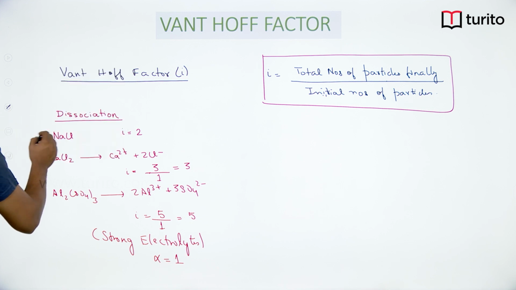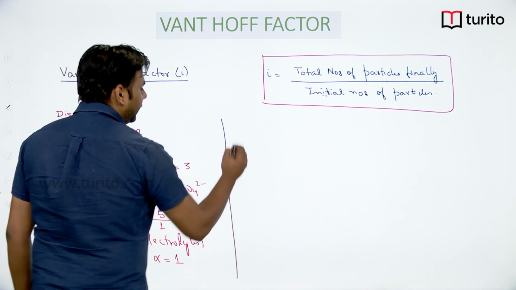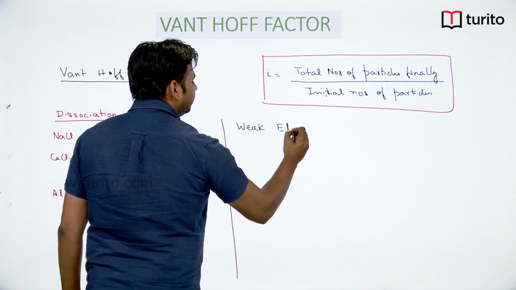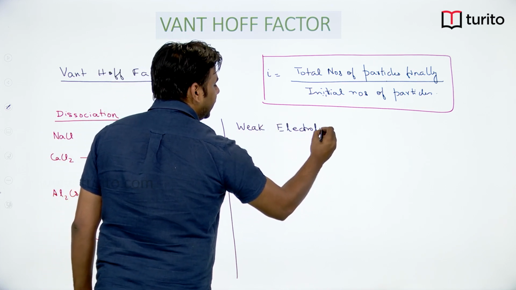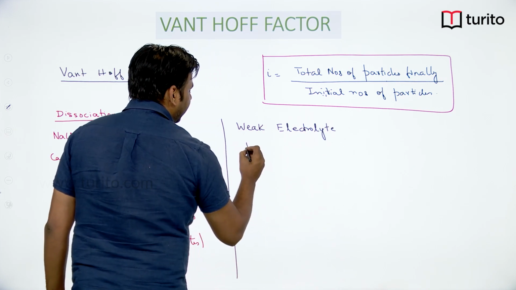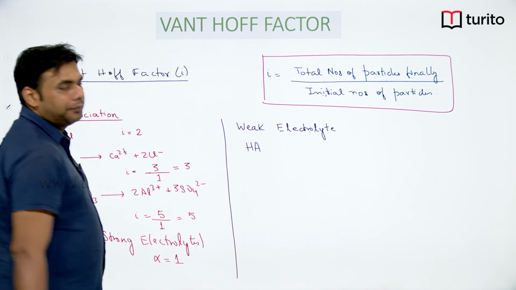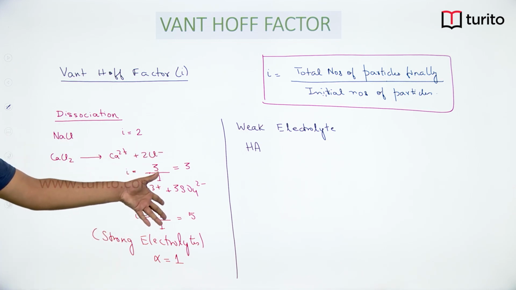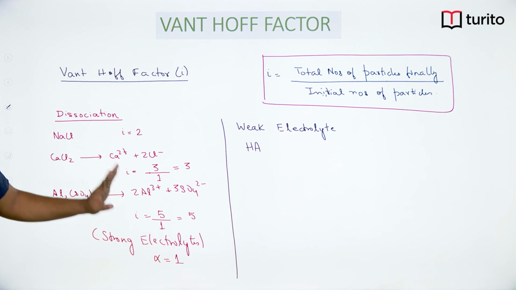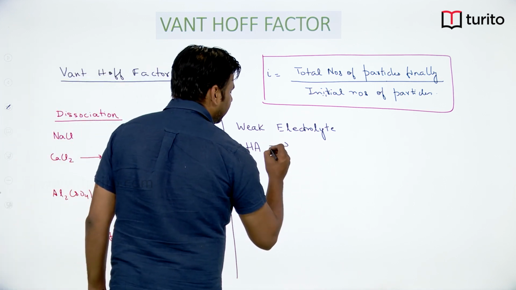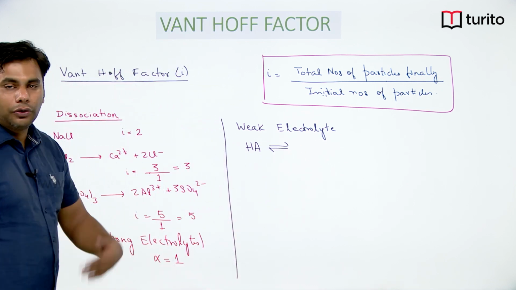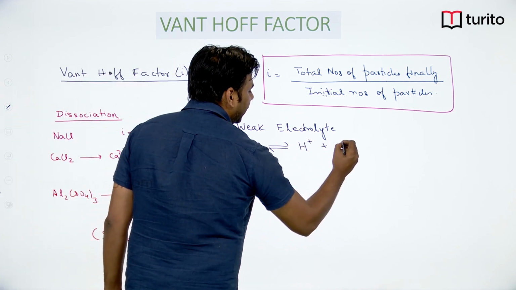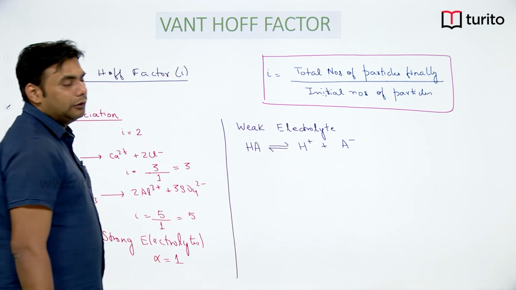Now let us consider a weak electrolyte, say a weak acid HA. When you add a weak acid in water, we have done this in ionic equilibrium, which I have discussed before, before starting the 12th curriculum. We know that the weak electrolyte would go into the aqueous solution and break into H+ and A-, and there would be an equilibrium.